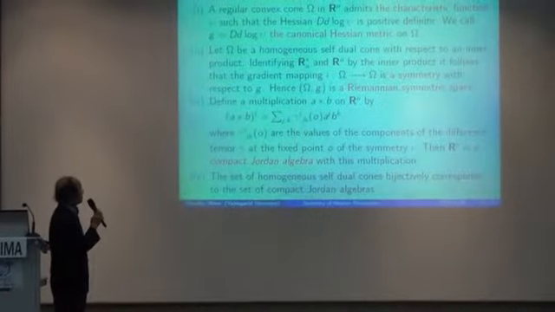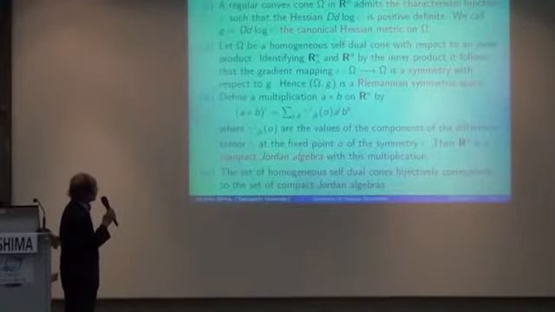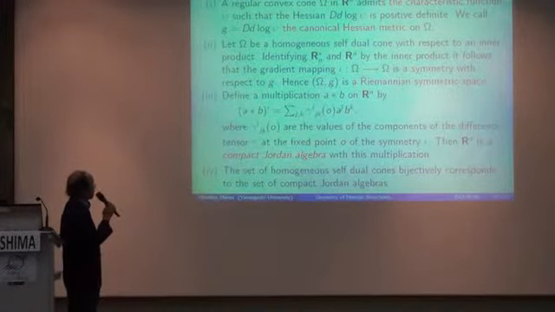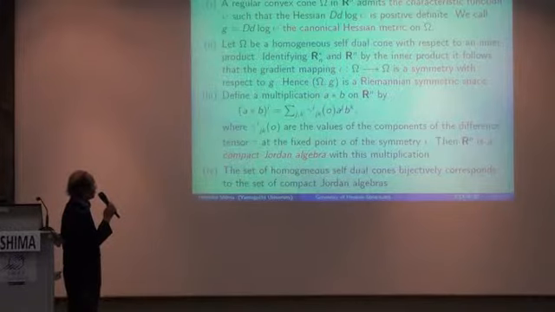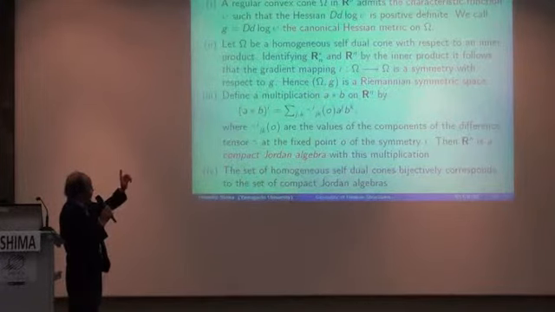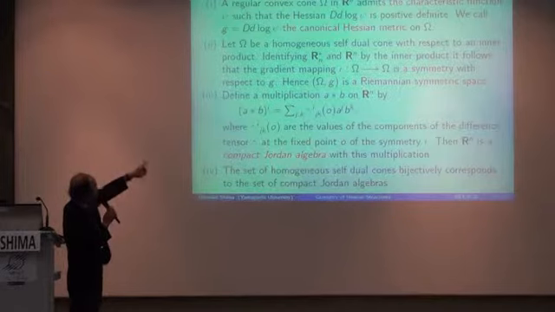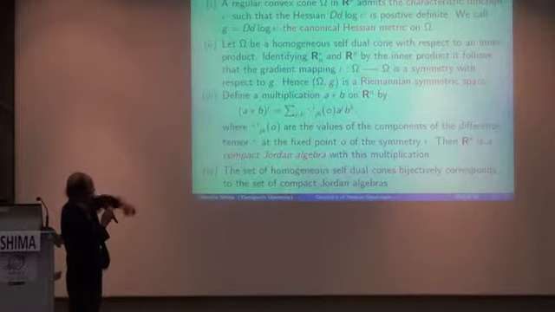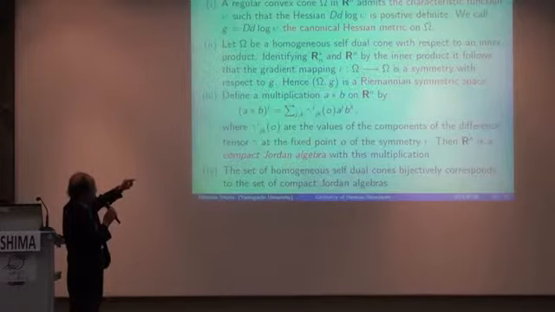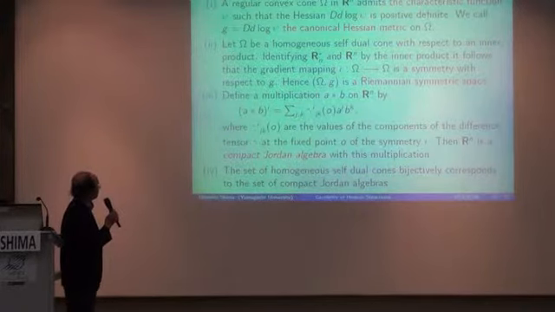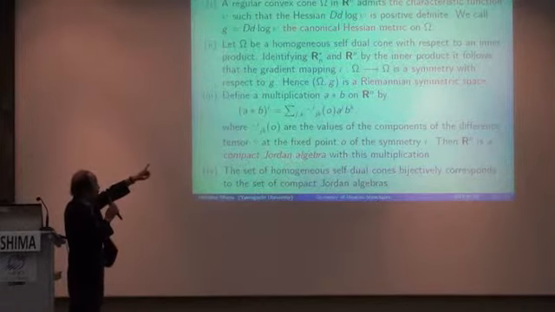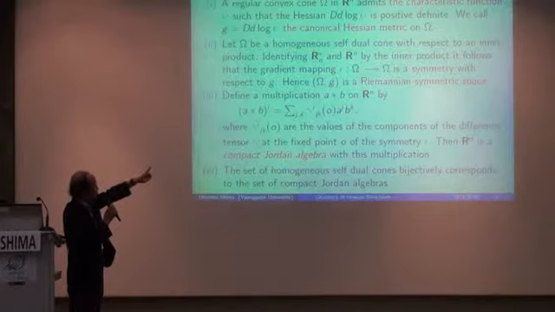Let omega be a homogeneous self-dual cone with respect to a certain inner product. Then, identifying the dual space R^n star and R^n by this inner product, the gradient mapping iota is a map from omega to the dual cone omega star.